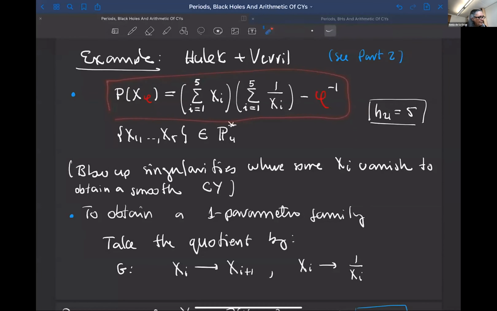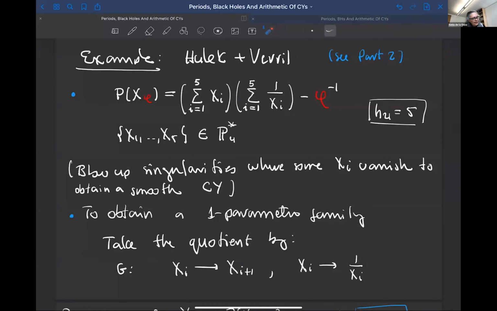So we have one parameter here, and we have here the product of a linear factor and the sum of 1 over xi, like this. If you work with this manifold, you will discover that there are in fact singularities where some of the xi vanish, but you can blow them up nicely to obtain a smooth Calabi-Yau manifold.